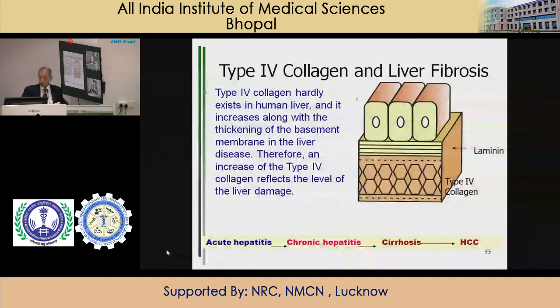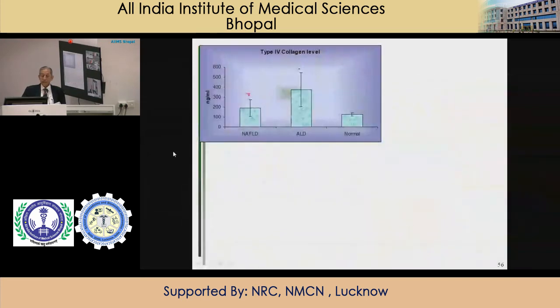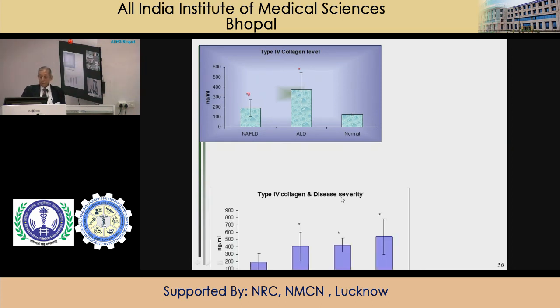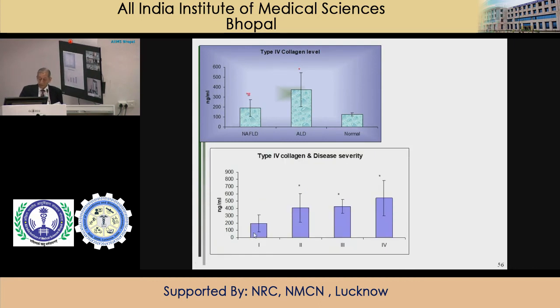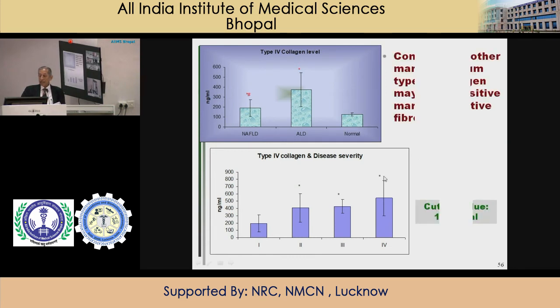For example, acute hepatitis can go to chronic hepatitis, and that may lead to cirrhosis and ultimately to hepatic carcinoma. And for this type 4 collagen, you can see that this is NAFLD, that is non-alcoholic, whereas this is alcoholic liver disease. There is a statistically very significant difference between these two. The normal is here. And type 4 collagen and disease severity, you can see that there is an increase.